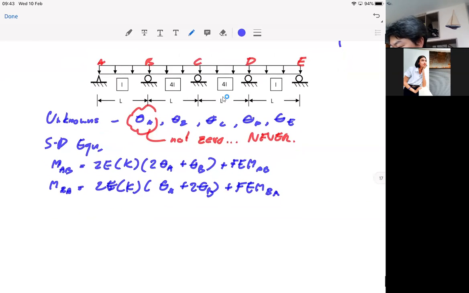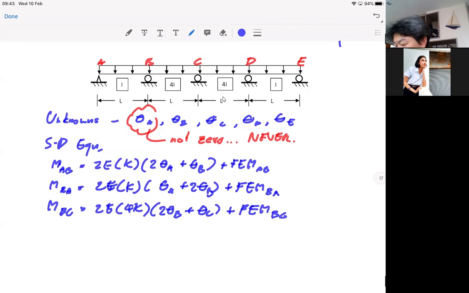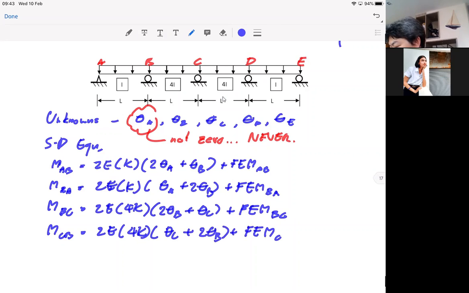And then MBC, 2EK, 4K, 2 theta B plus theta C, plus FEMBC. MCB, 2EK, 4K, that's a second span, right? And then theta B, theta C plus 2 theta B plus FEMCB. And then, of course, you can see the symmetry now.